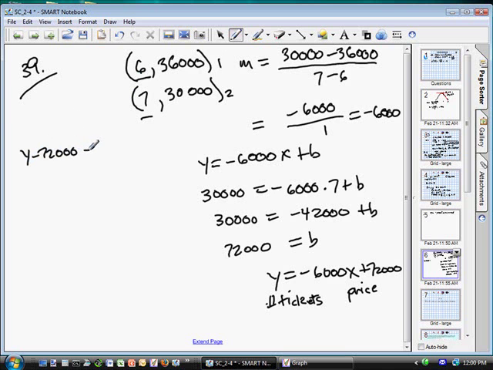Equals negative 6,000 X. And then solve for X, divide both sides by negative 6,000. Well, 6,000 goes into 72,000 how many times? 12 times, right?